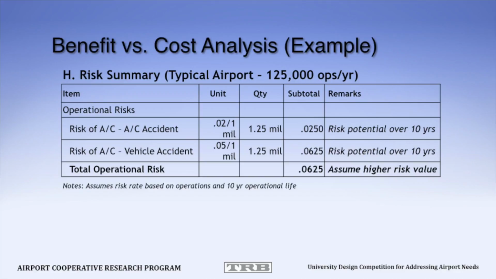So comparing the two, I would say the higher risk value would be the one that you would apply to your benefit side of the equation, because the risk is what you're trying to mitigate. You're trying to prevent that accident from happening.